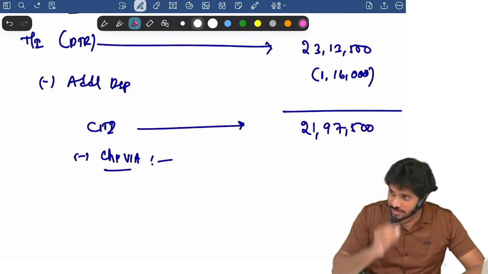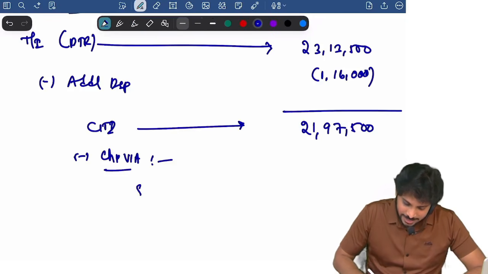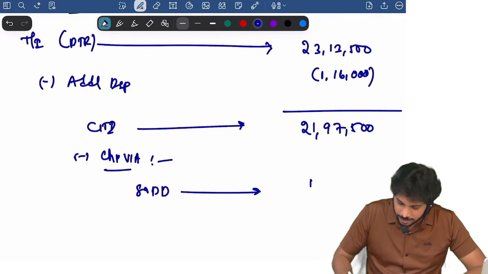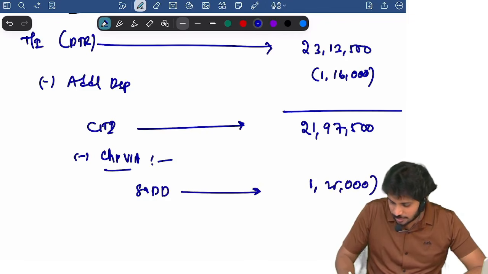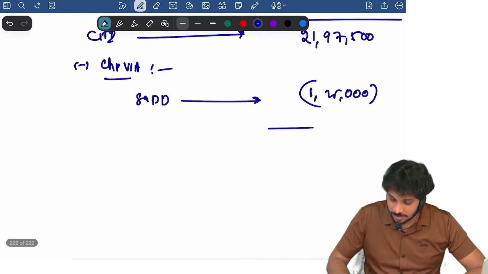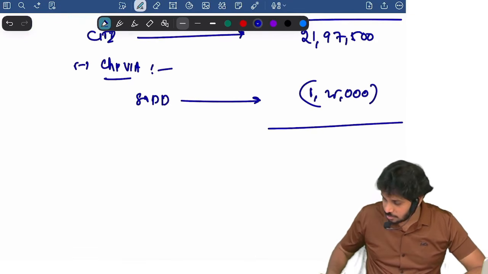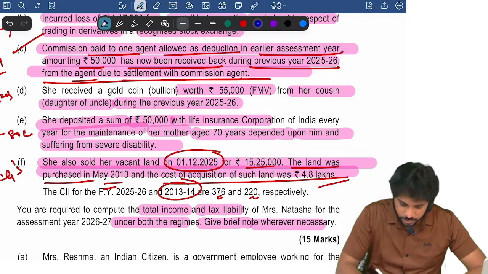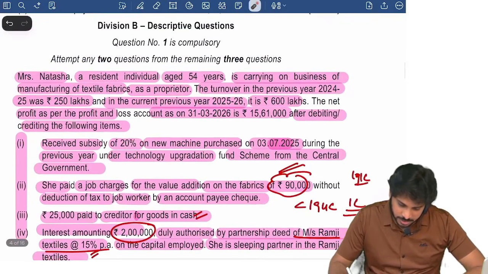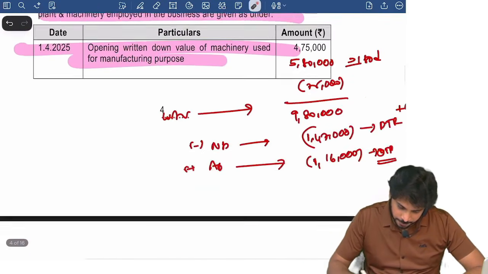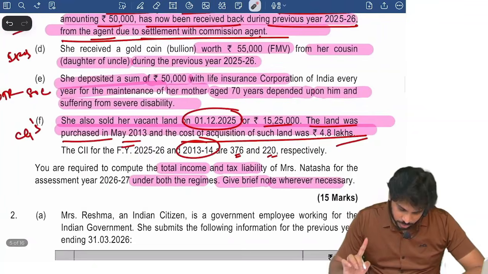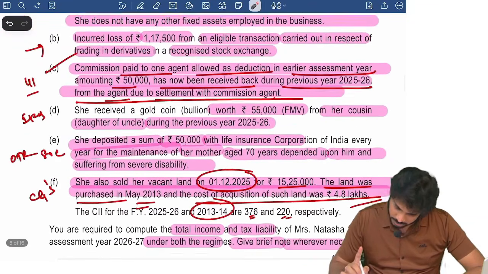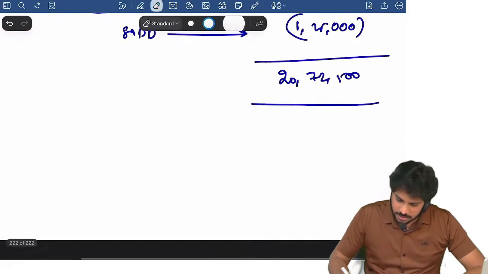Flat 1,25,000, section 80DD deduction. That's it. Correct? Now what is the answer? 20,72,500. Before that, I will once again check whether everything I considered. Yes, perfect. OTR only one item is there, correct? That's it. The answer over.